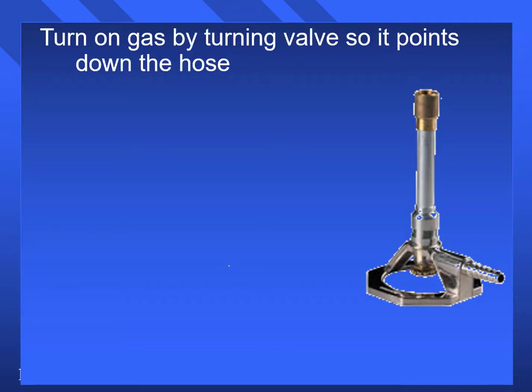Here's notes. You turn on the gas by turning the valve so it points down the hose. If it's pointing at the hose, there's gas on. If it's not pointing at the hose, there's no gas on. It's called a gate valve because it's like a gate. When the gate is sideways, it's closed, and when you spin the handle, it opens up.